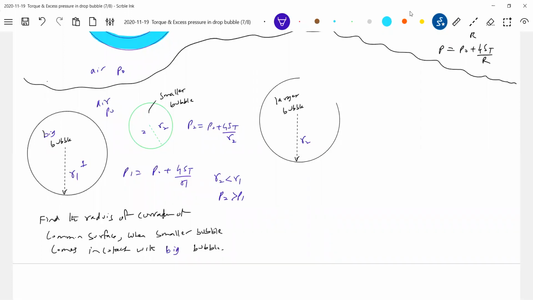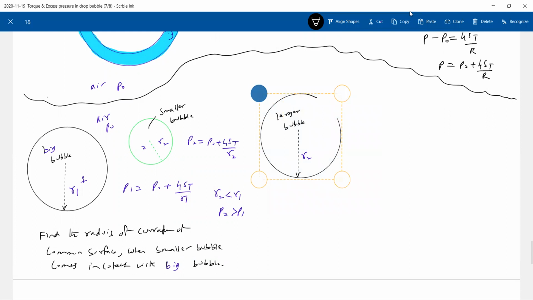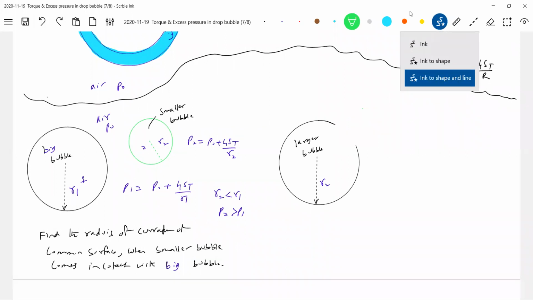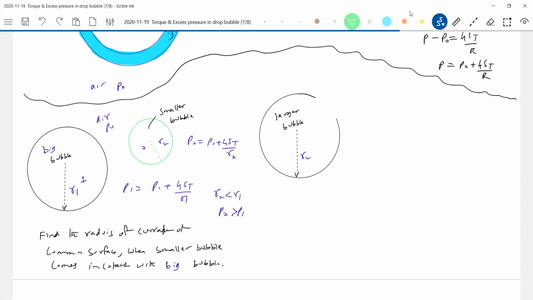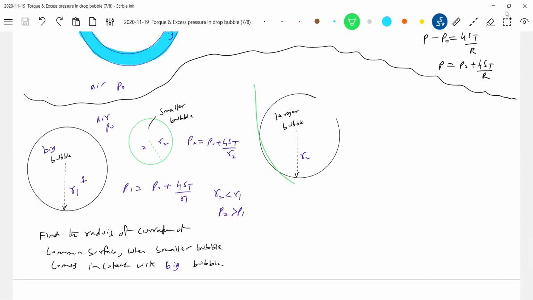Let me, so this was the green color now. Try to see carefully. So this will be the, I think I can erase. Okay, just give some time.